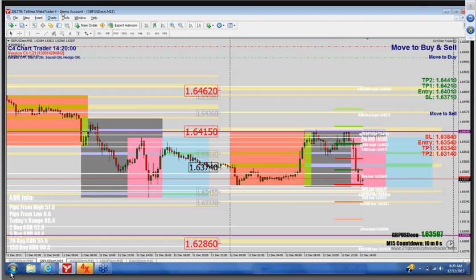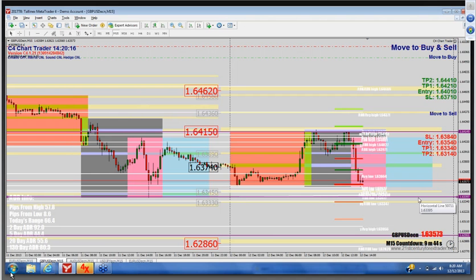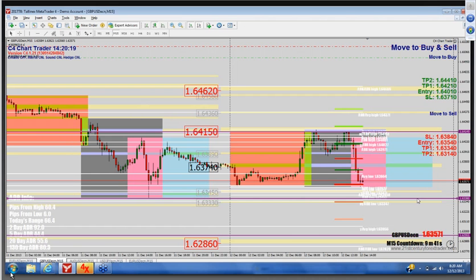And just marking this up again, we've also got 63.37, which is right through here. There it is, 63.37 right there, and then to the upside, 63.89.